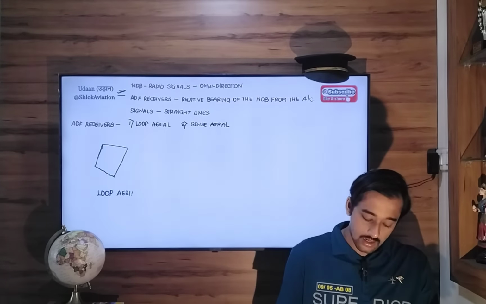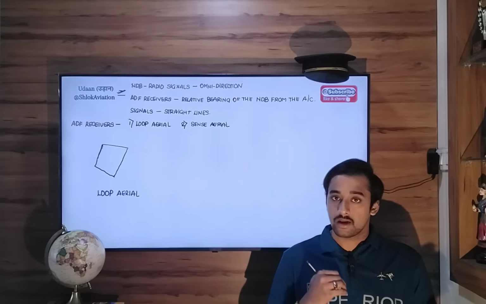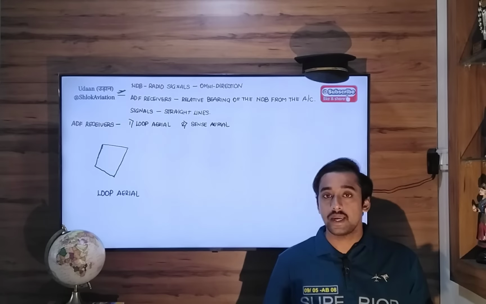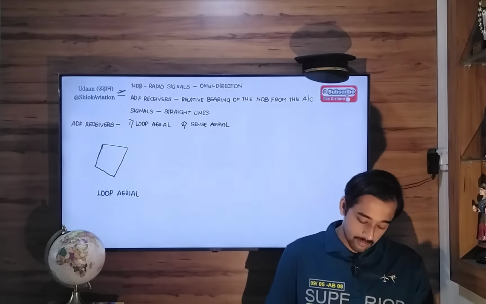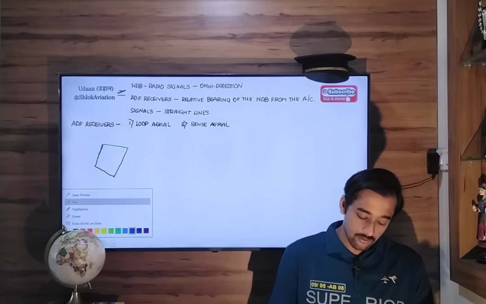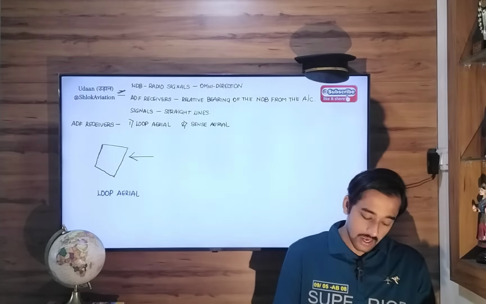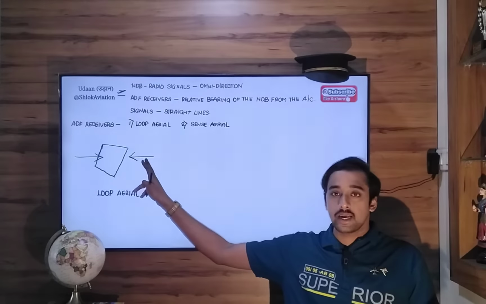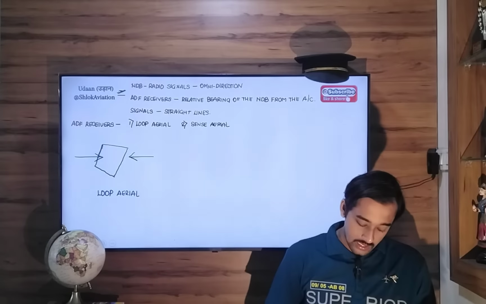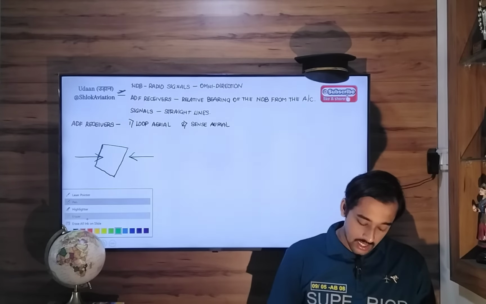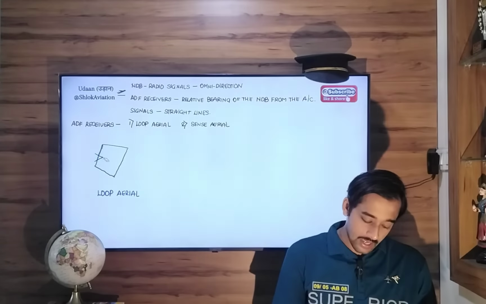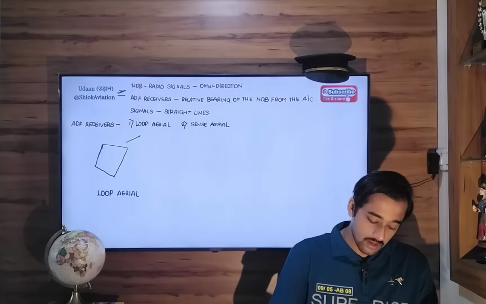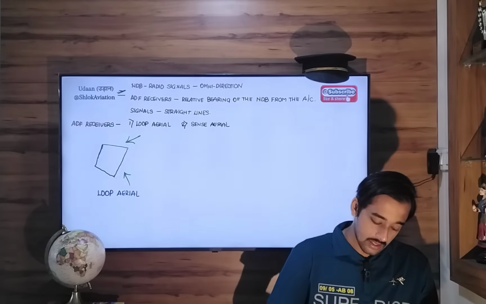Whenever the NDB signal reaches this loop aerial at any angle which is not perpendicular to the loop aerial... A perpendicular angle would have been a signal coming from behind or from the front of the aircraft. That will be the perpendicular angle. But if any signal is coming from an angle other than this 90-degree angle, that means from here or somewhere here, like this.